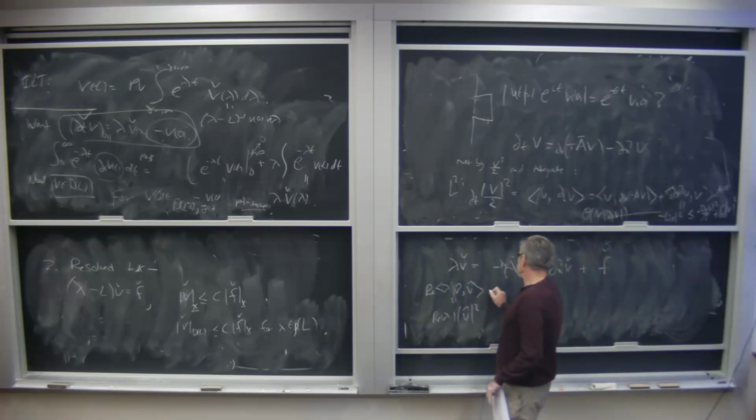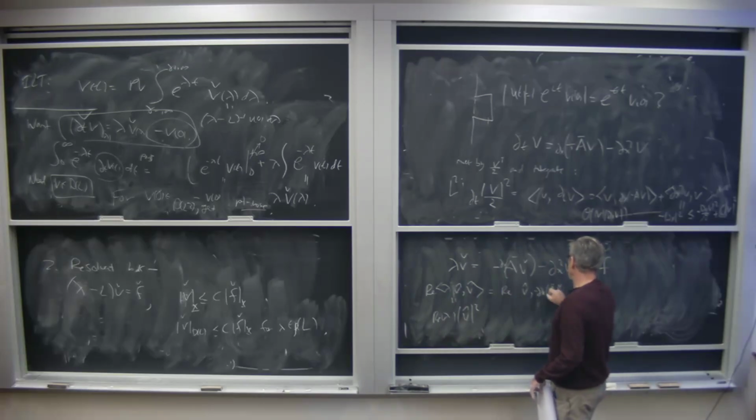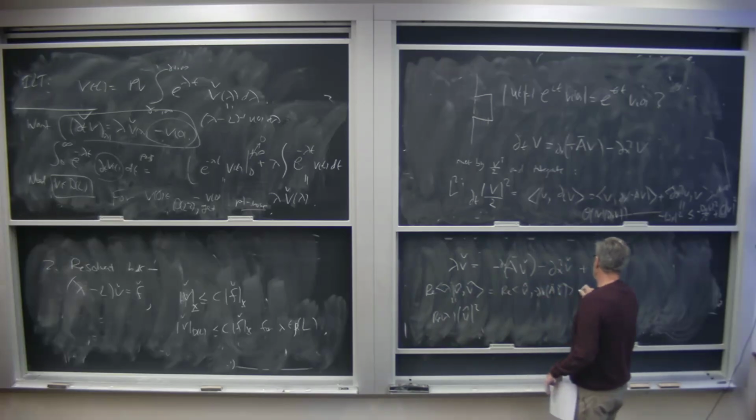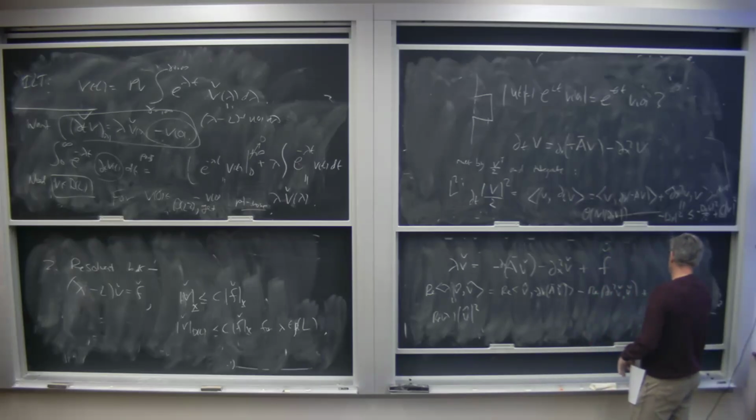Then that is equal to the real part of v check against negative dx a bar v check, minus the real part of dx squared v check against v check, plus v check against f check.